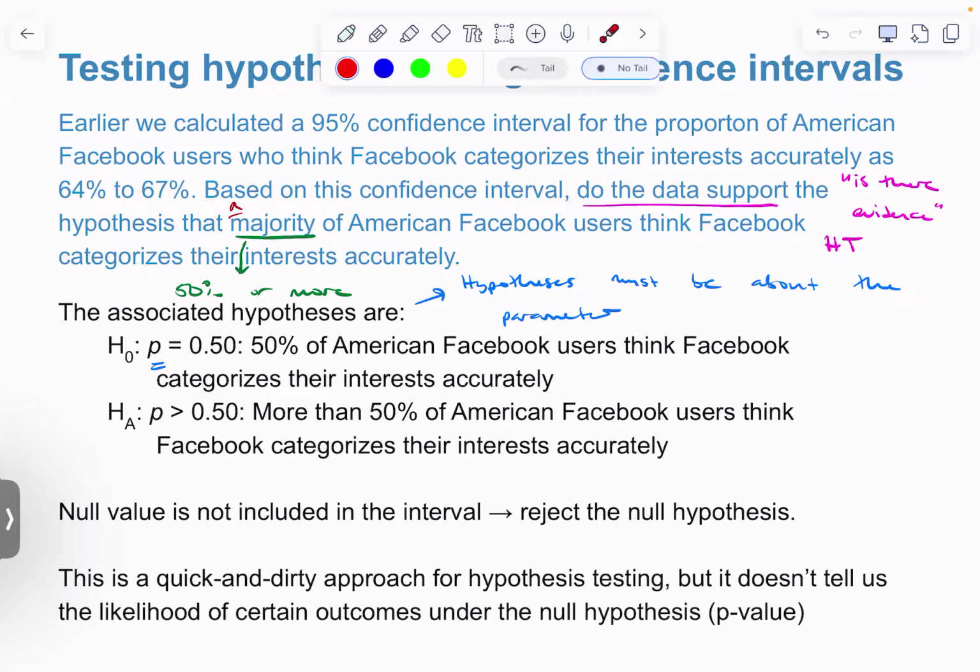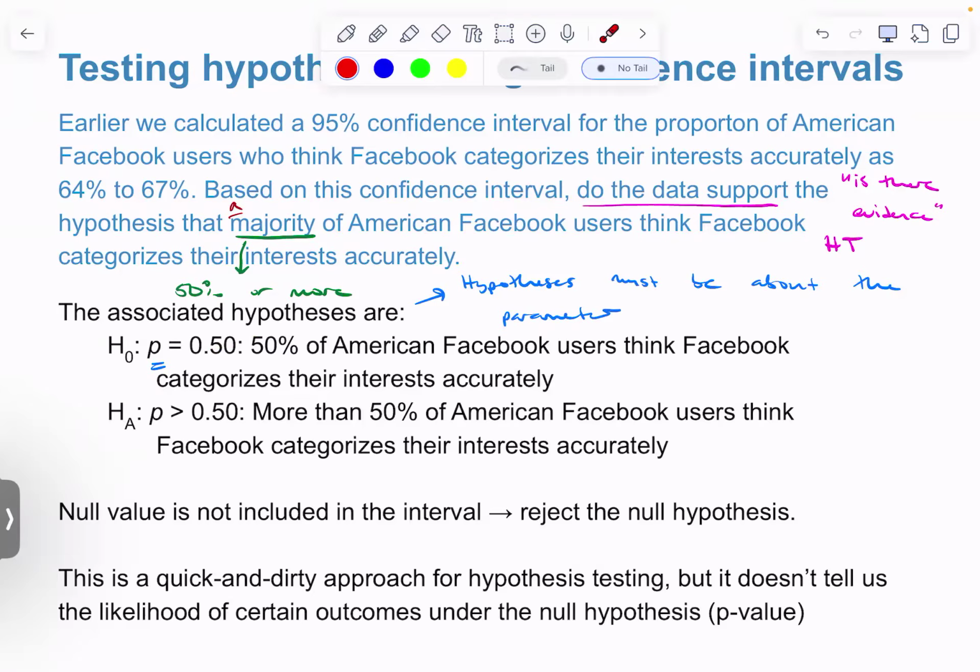So we suspect, 64 to 67 feels like it's 50% or more. That entire interval is above 50%. And so I have a pretty good idea, but how we need to go about it is to say, okay, let's just assume P is 50%. And so then we say, the population proportion is 50%.